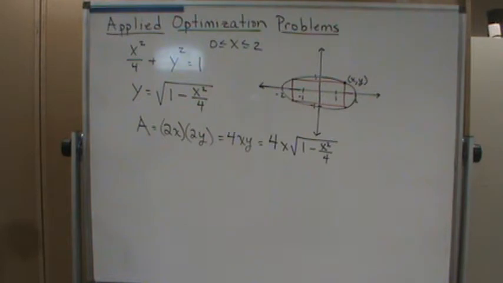And we know that the absolute maximum occurs at an interior point, and if we find that, then we know we have a maximum on the open interval. So that's it.